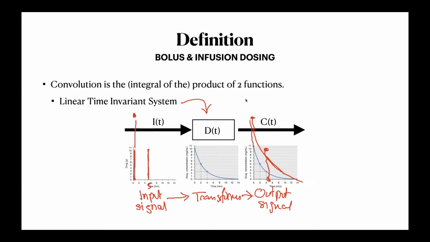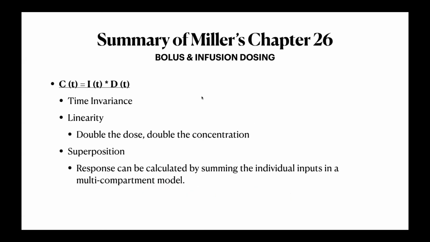It's too complex to reproduce, but I think it is good to appreciate what it means, especially when they describe it in the text. So simply, the concentration with respect to time equals the input of the drug as a convolution of the disposition of the drug.